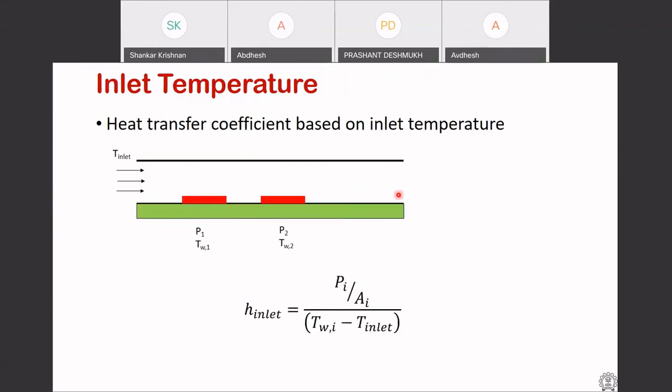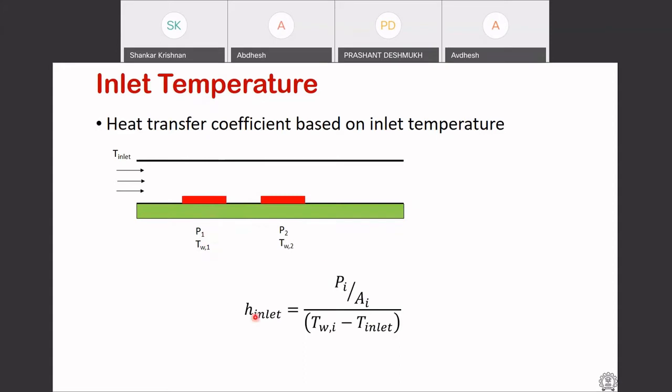Let's first look at the definition with inlet temperature as the reference temperature. Here P1 is the power dissipated by this first heat source, and it has a wall temperature. Let's assume the heat source power is uniform, not the non-uniform case that we discussed last week, and its wall temperature is Tw1.